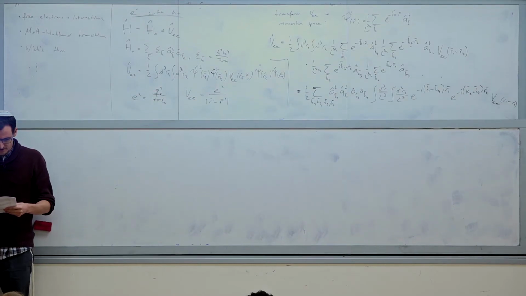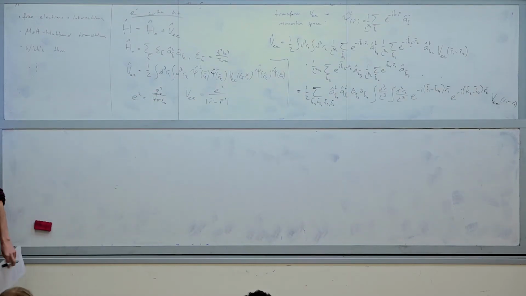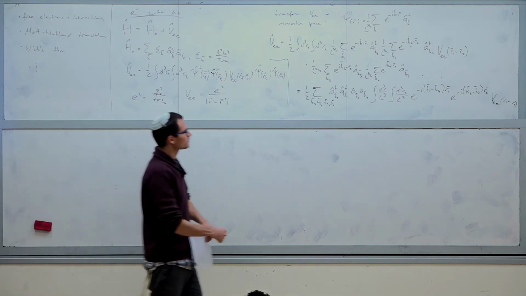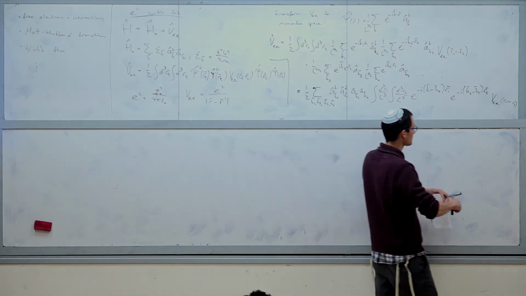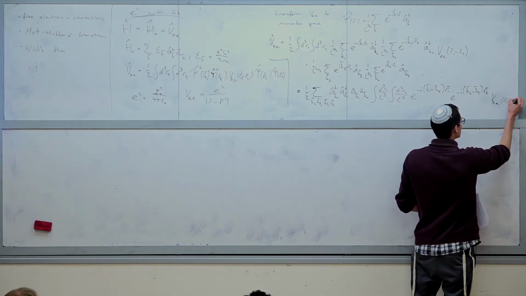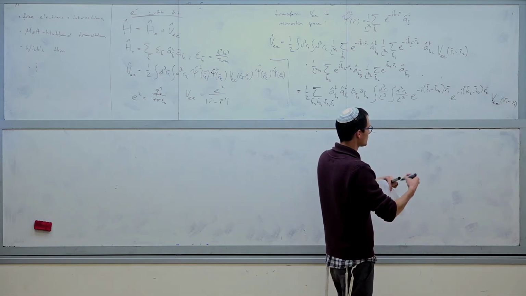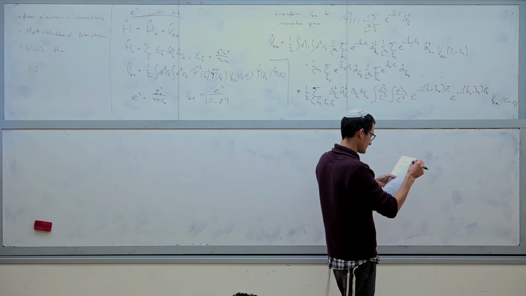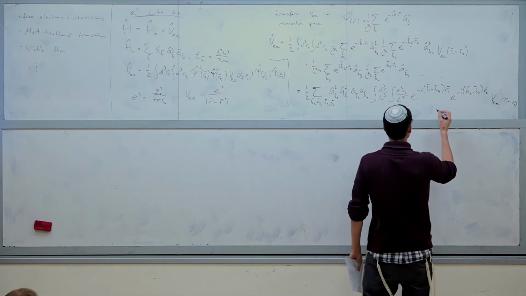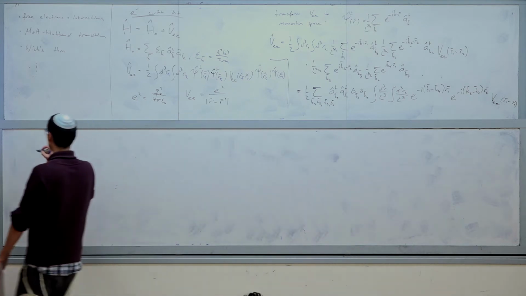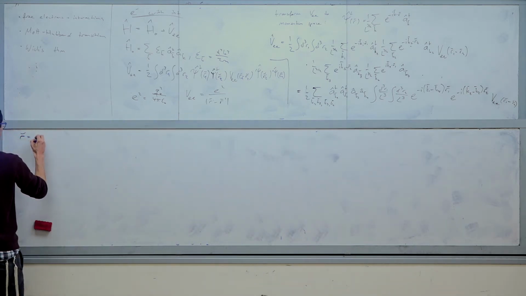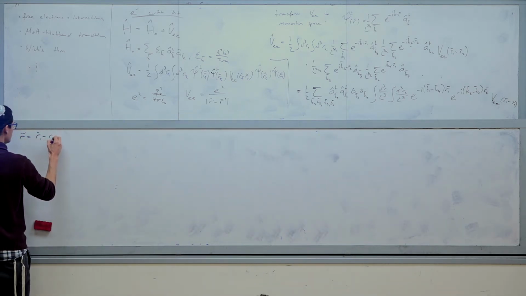So the potential only depends on the distance between the 2 particles. And this encourages us to introduce a new variable, which is the relative coordinate. So I'm going to introduce a new variable, r, which is the relative coordinate, r1 minus r2.